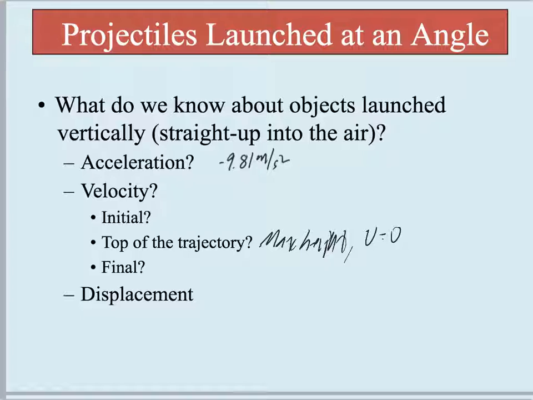And if we were talking about their displacement, we can figure out how far they went up relative to, say, the ground from where they started. But we treat angled projectiles the same way that we treated horizontal projectiles. We break them down into components, x and y, and we can find the overall values.